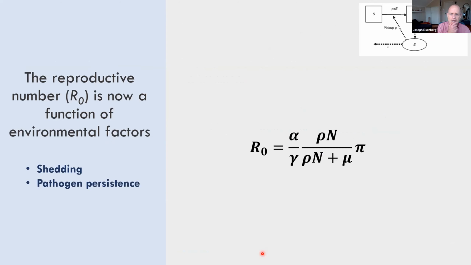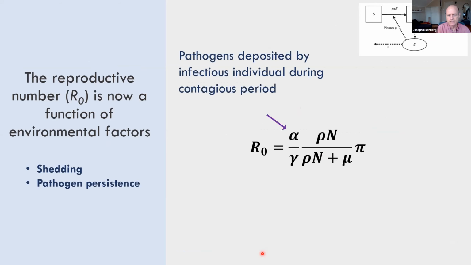And then our R naught now becomes a little bit more involved, but the useful piece of this is that now it has properties of the environment, like shedding and pathogen persistence. So for instance, this term here, alpha over gamma, accounts for the pathogens deposited by infectious individuals during their contagious period. So these pathogens are shed into the environment.